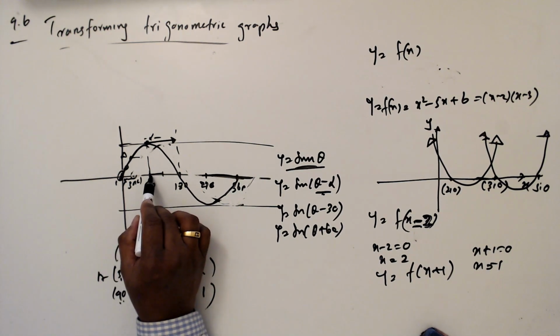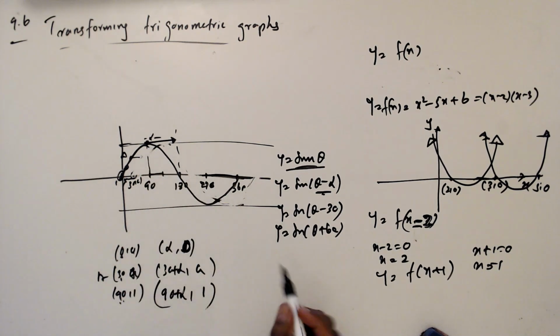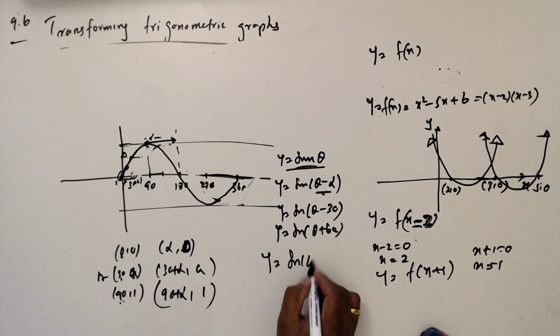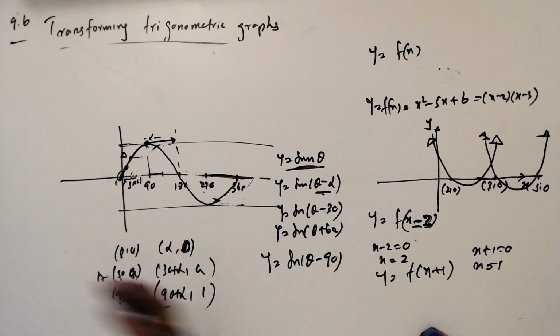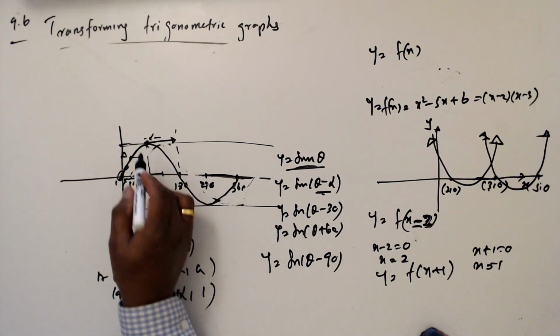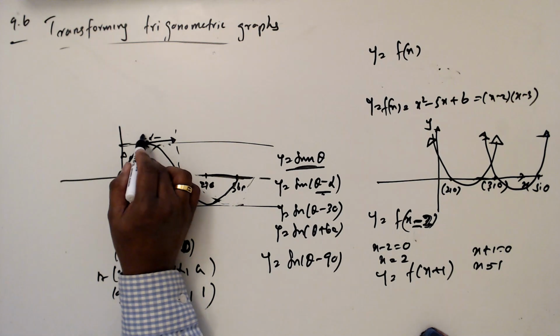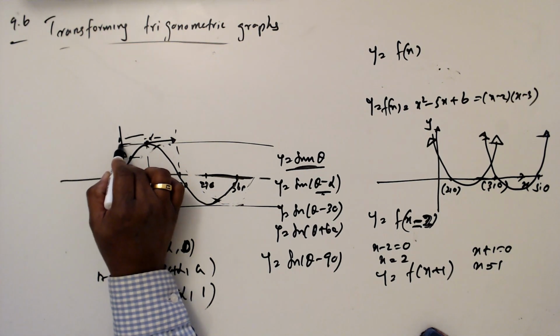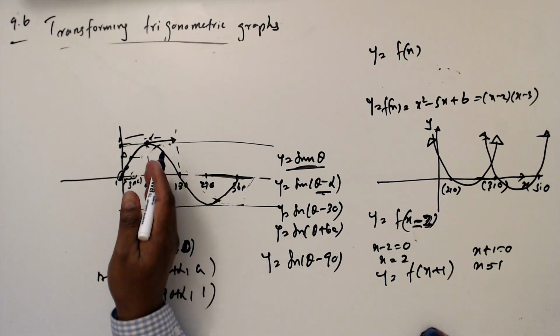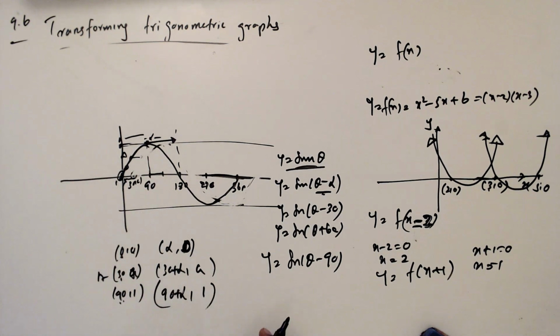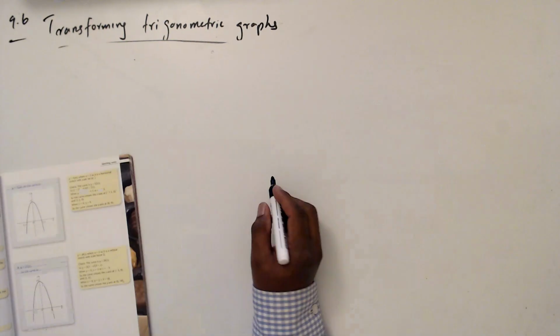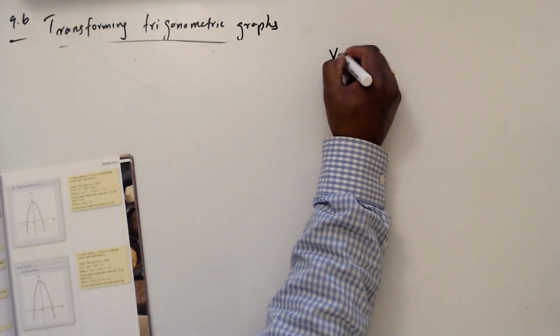I am moving 90 degrees to the right. It means y equals sine of (theta minus 90). If I want to bring this point up to here, I mean I am shifting it 90 to the left, then y equals sine of (theta plus 90). Those are the horizontal movements. Let's discuss vertical stretch.